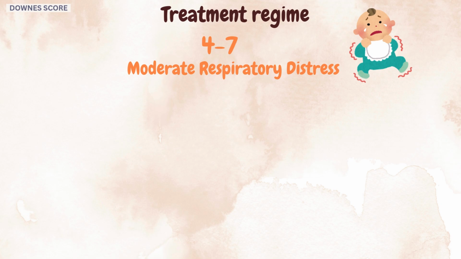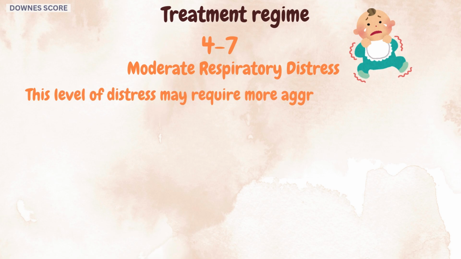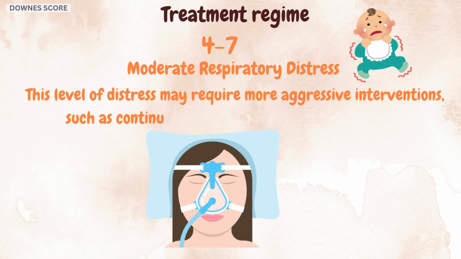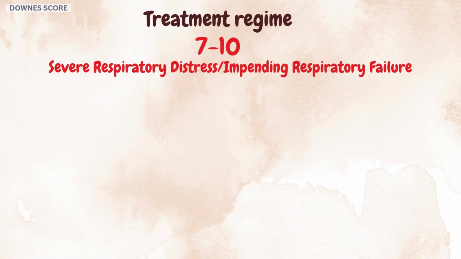If the score falls between 4 to 7, this suggests that the newborn has moderate respiratory distress. This level of distress may require more aggressive interventions such as CPAP, that is, continuous positive airway pressure. And if the score falls between 7 to 10, this means that the newborn has severe respiratory distress or impending respiratory failure.